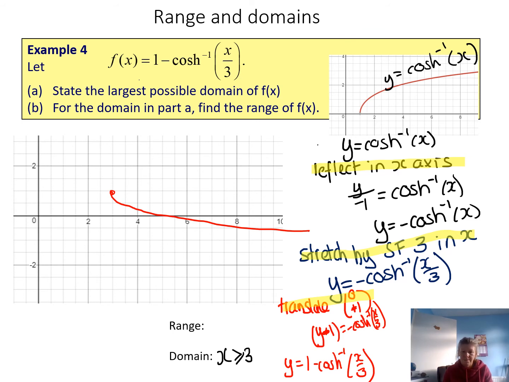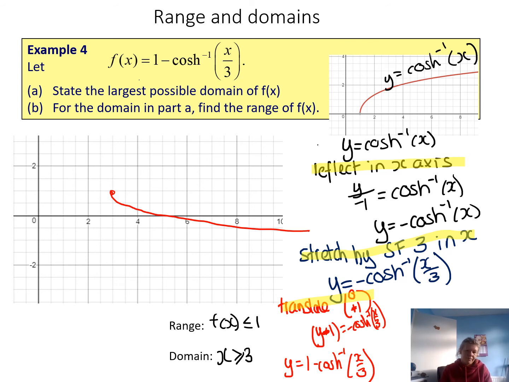Right, the range is the y values, isn't it? So that's going from 1, and it would go down. It'd be a long time before it got right down to about minus 50, but it's still going to get there. So it goes anything less than or equal to 1.